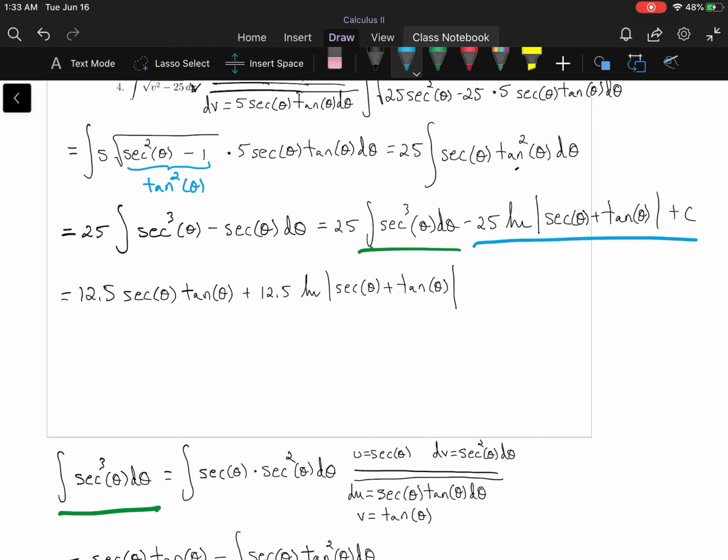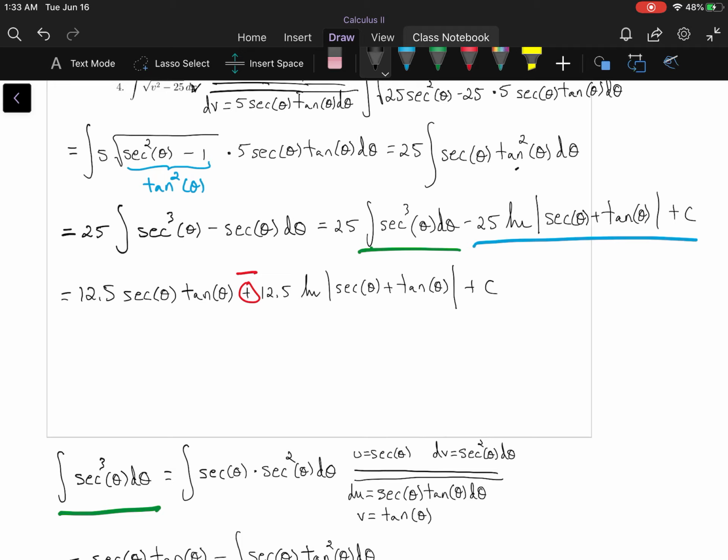So we had plus 12.5 minus 25, which for simplicity is going to change this into a minus sign, plus our constant.